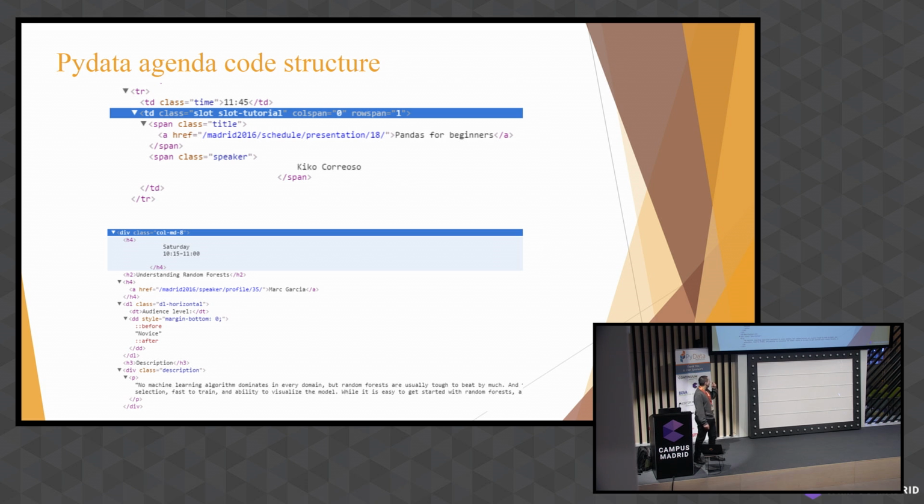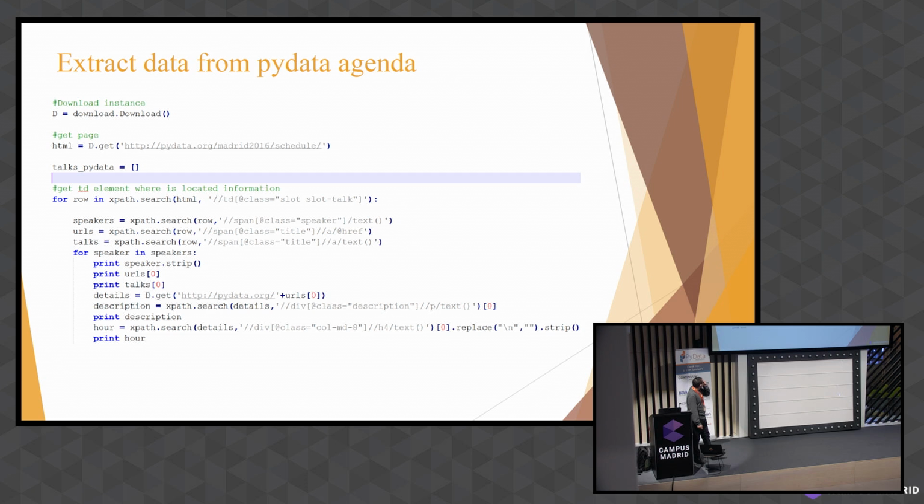And in the second, in the detail page of the tool, we have another structure. We have a div with a class called MD8. And these are the tags we can use for extracting the data with WebScraping.